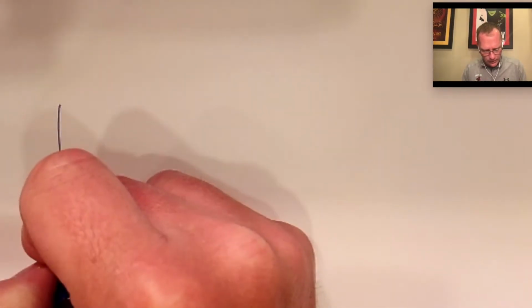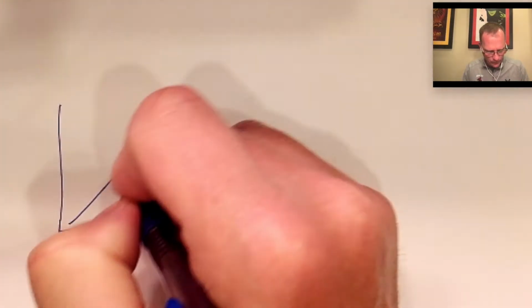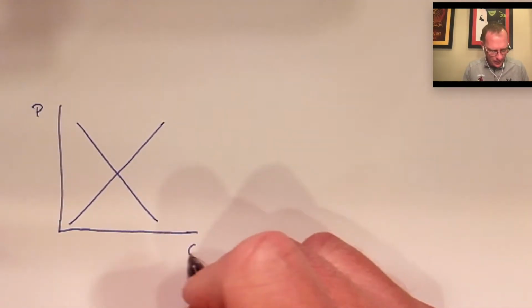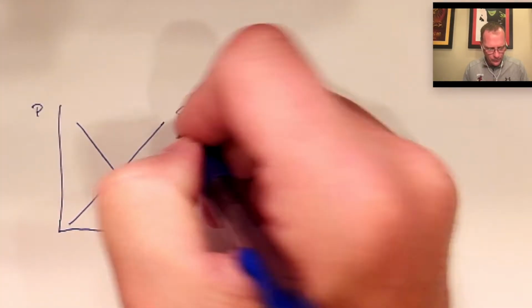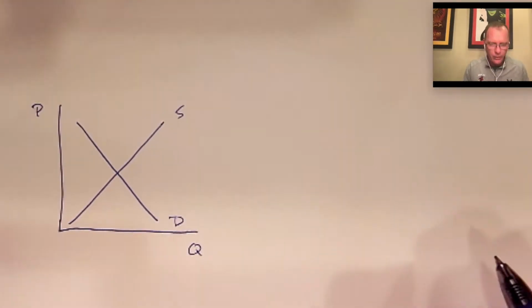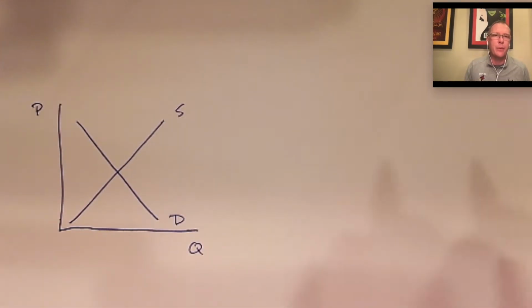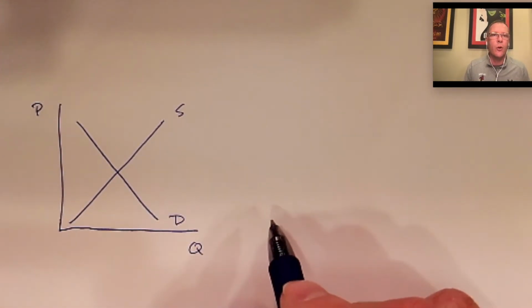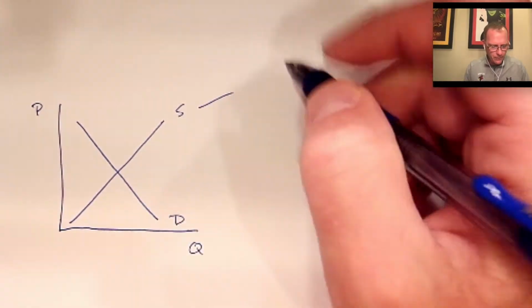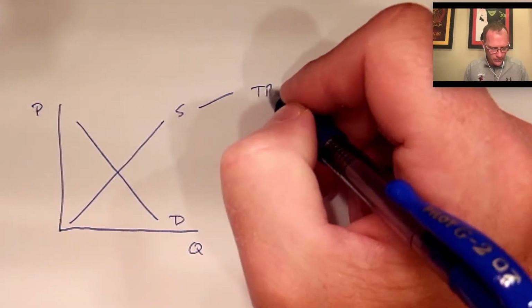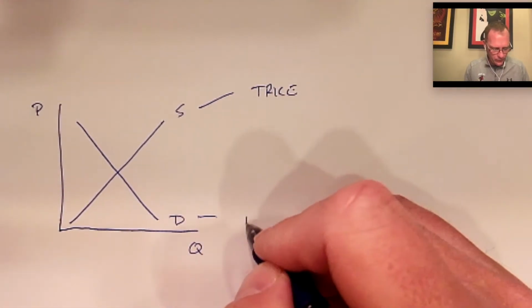In your supply and demand from section 2, remember your axes are just labeled price and quantity, with an upward sloping supply curve and a downward sloping demand curve. Then you're going to see something happen where they shift one of these things. You should go over your shifters. Remember, your supply shifters are TRICE and your demand shifters are MERIT.